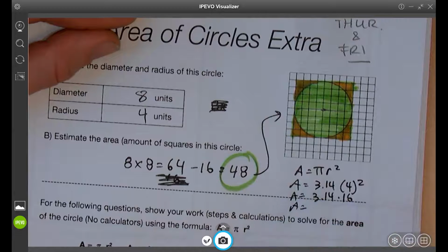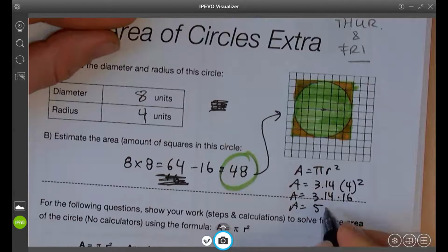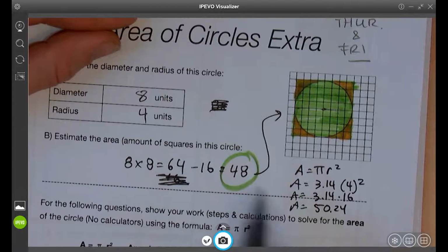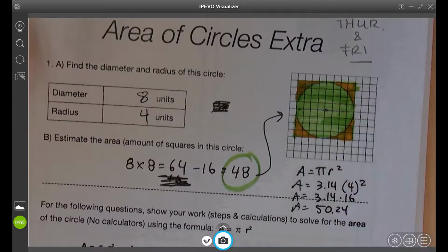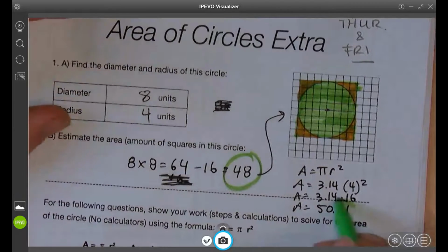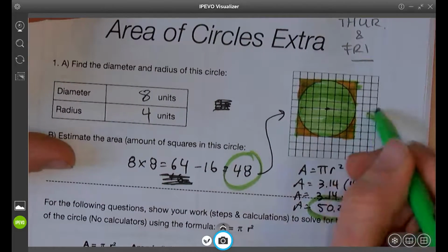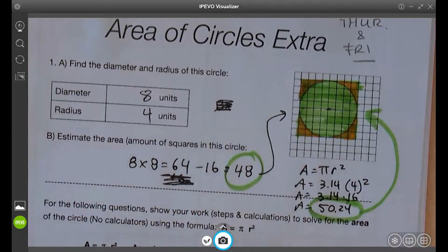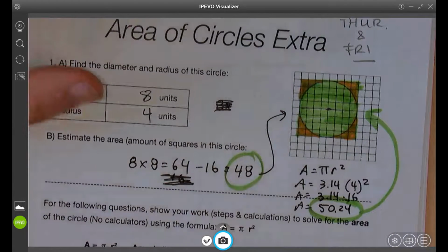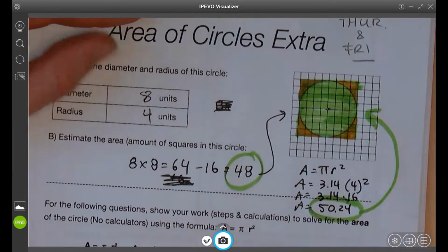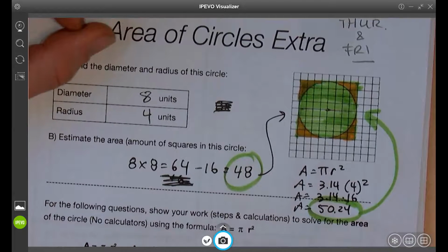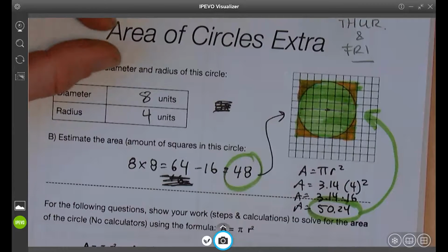Our area should be close to 48. 3.14 times 16. Very close to 48. 50 is very close to 48. So 50.24. So the actual amount of squares is 50.24. If we were to use a bigger estimation of pi, we'd get even closer. But it'd be about 50.24. That's how many squares are there.